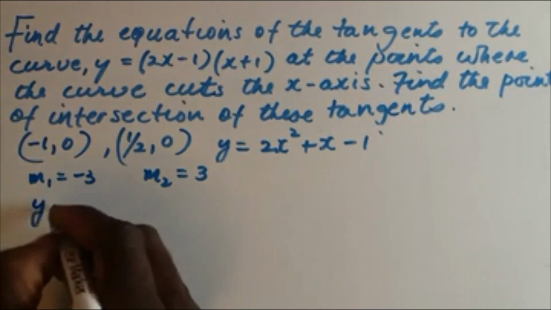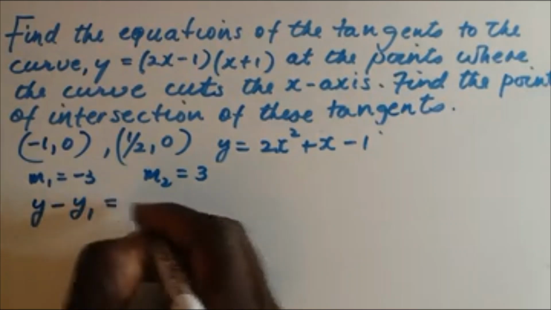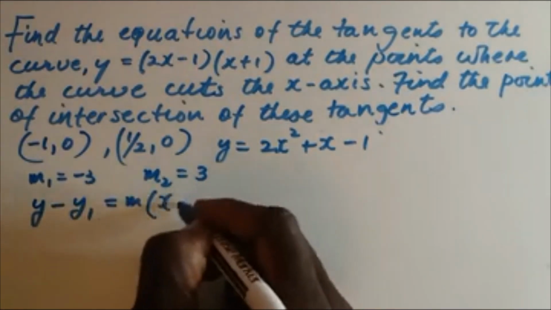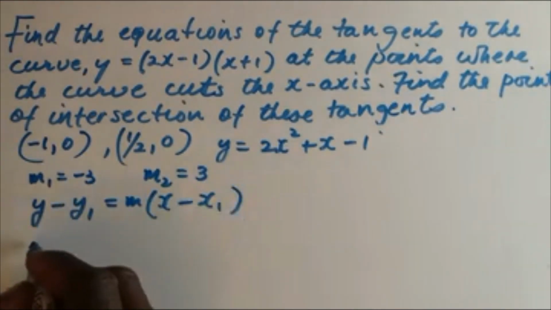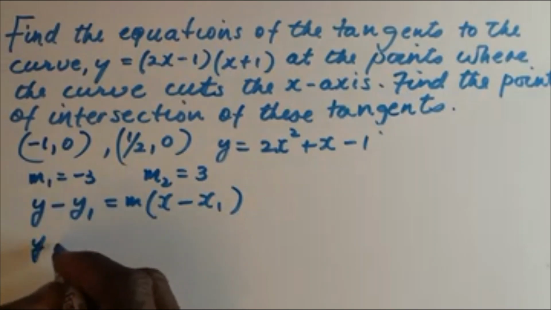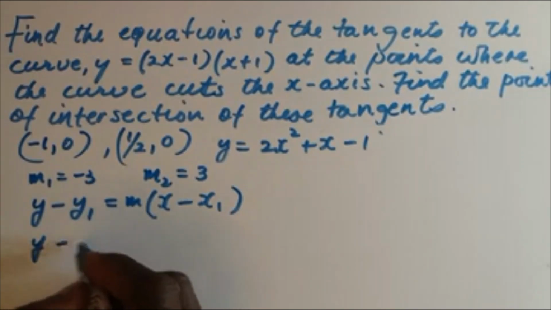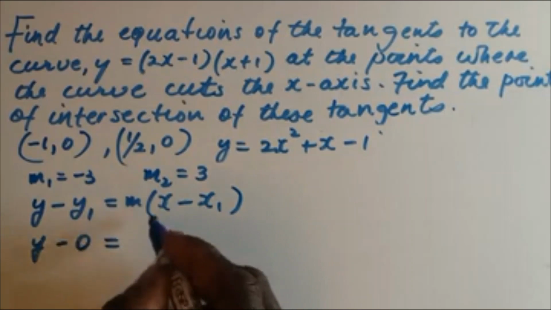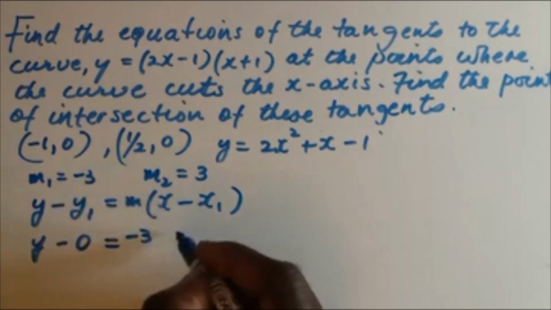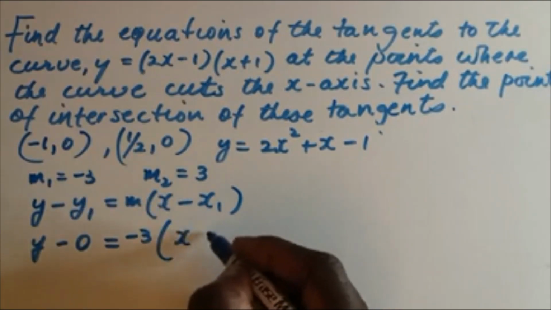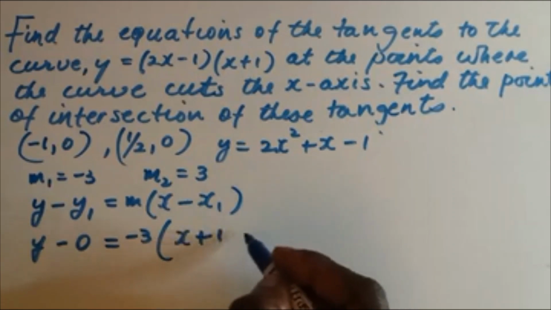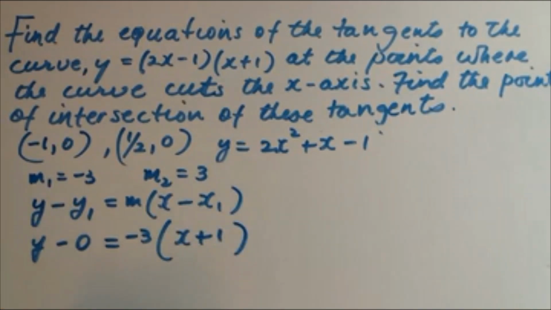We use the formula y minus y1 equals m into x minus x1. We have y minus 0 is equal to m, -3, into x add 1. And this gives us y is equal to -3x minus 3.